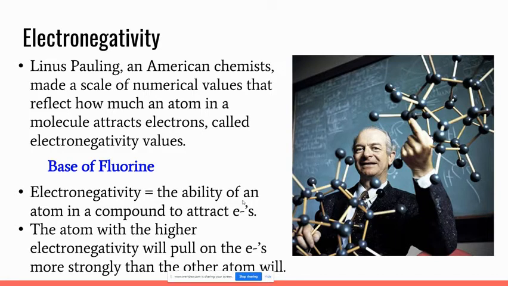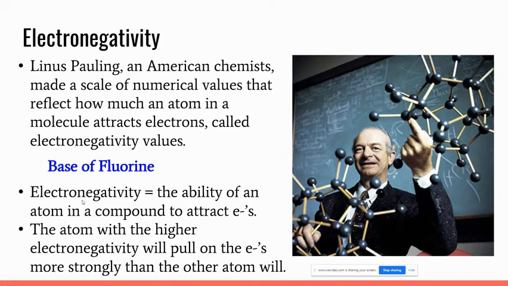So electronegativity means the ability of an atom in a compound to attract electrons, and fluorine wants those electrons more than any other element on the periodic table. So they assign it a base number. It's actually 4 is what they give it. You don't need to memorize that. And the atom with the higher electronegativity will pull the electrons more strongly than the other atoms will.